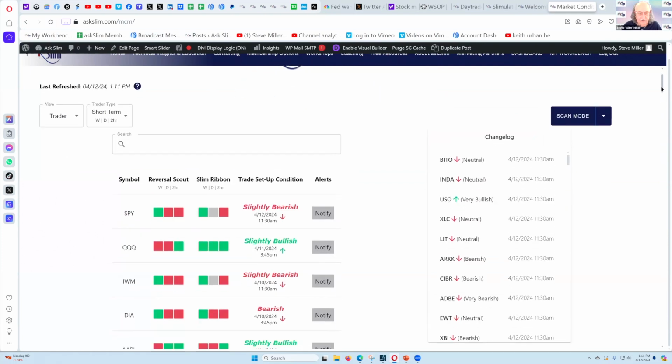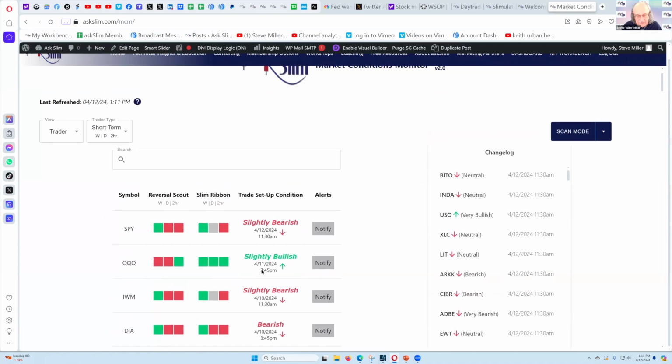So we have the QQQ as slightly bullish. Remember this week on the short term that we said that it wasn't doing as badly as the rest of the indexes. The SPY slightly bearish. So these would show you, and the diamonds is bearish, of course, and we showed the breakdown in there. Any more downside that we get in here, and these are going to change to bearish and very bearish.